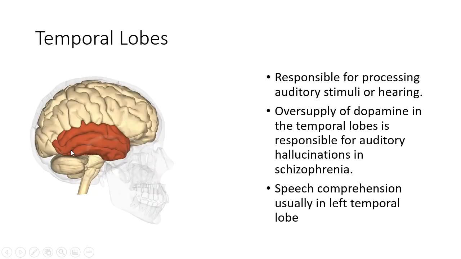The temporal lobe is down here, and I like that it's called the temporal lobe because it's right by your temples. One of the most important things about your temporal lobe is that it processes auditory stimuli, or hearing. I know we talked about this last week, but an oversupply of dopamine in the temporal lobes is related to hallucinations and schizophrenia.